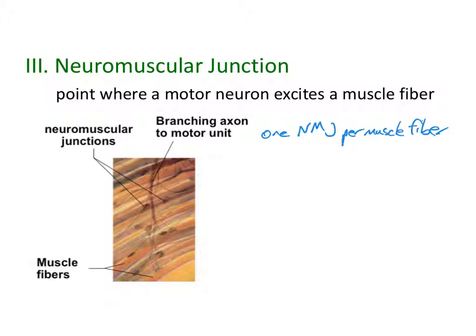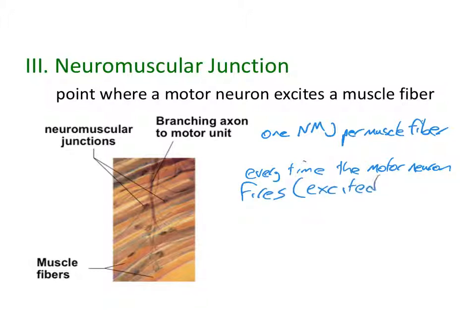So what one neuromuscular junction per muscle fiber means is that every time the motor neuron fires, which also means that it's excited, the muscle fiber that it's connected to will contract.